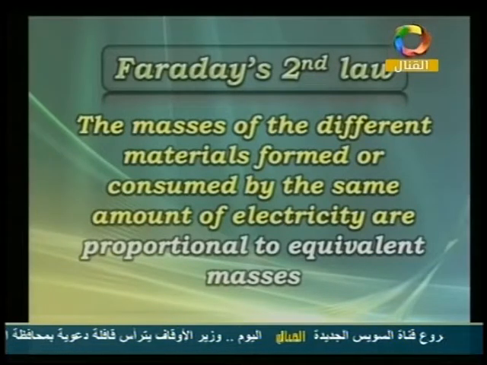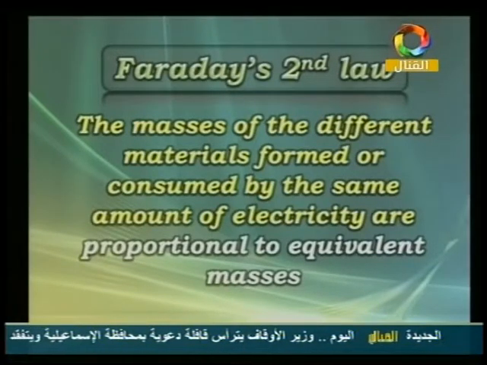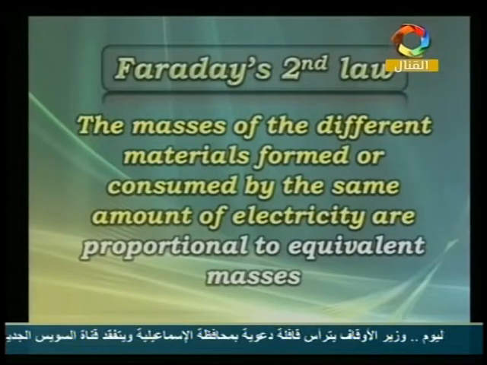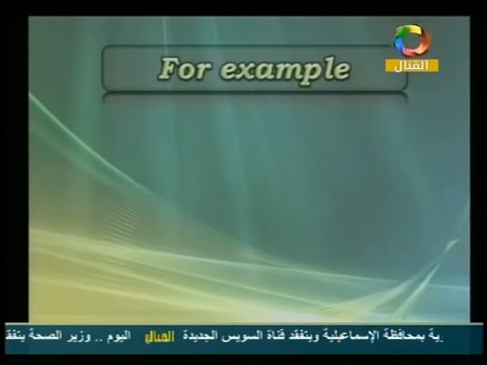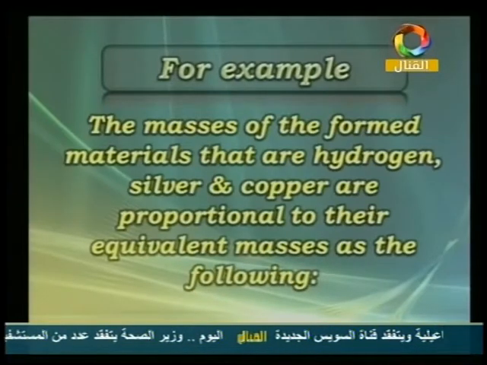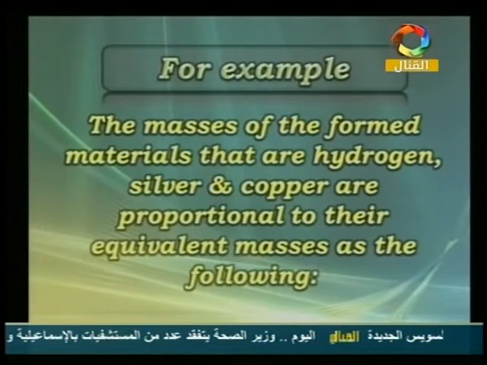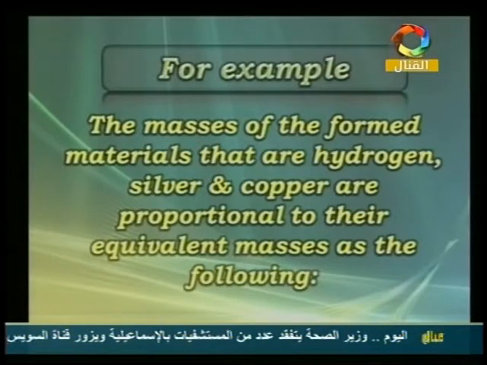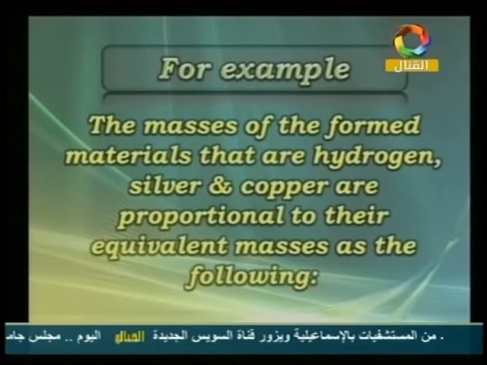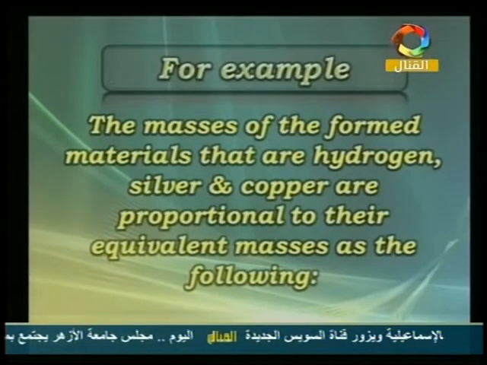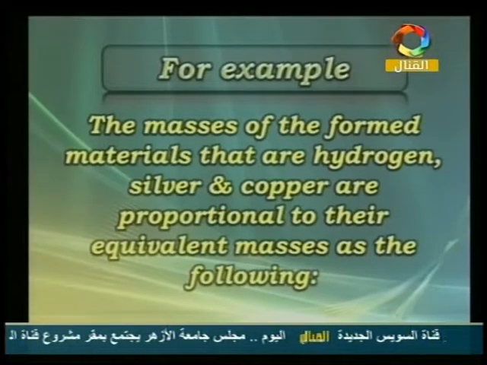So the masses of different materials formed or consumed by the same amount of electricity are proportional to equivalent masses. For example, the masses of formed material, hydrogen, silver, copper, any one of them, are proportional to their equivalent masses as follows.